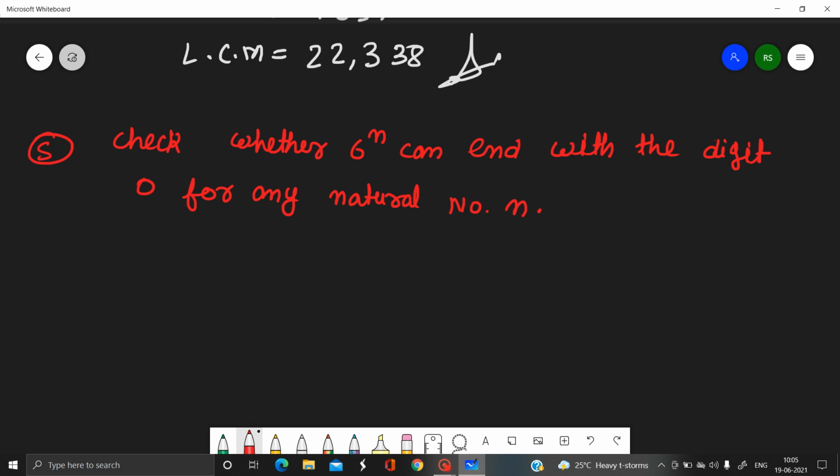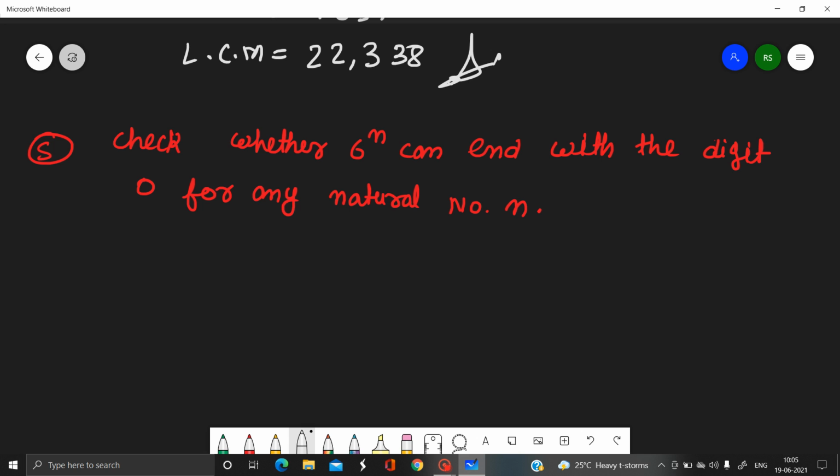So here we have to take any natural number n as the power of 6, and see whether we get the digit 0, which ends with 0. Okay, it means the unit place has 0. Let's see.